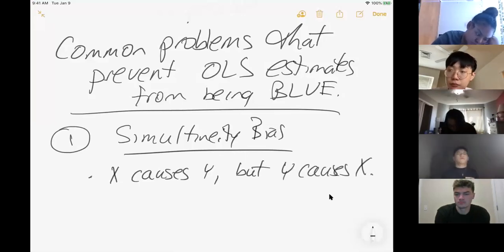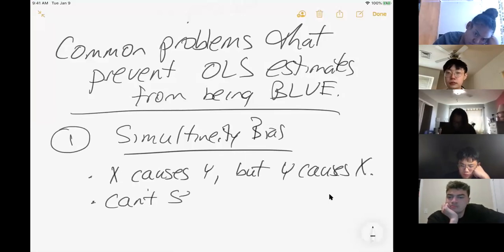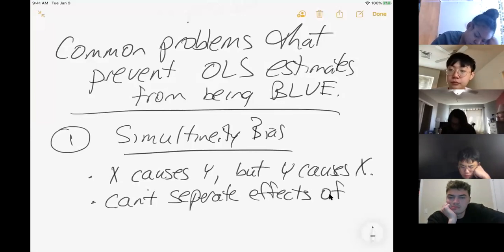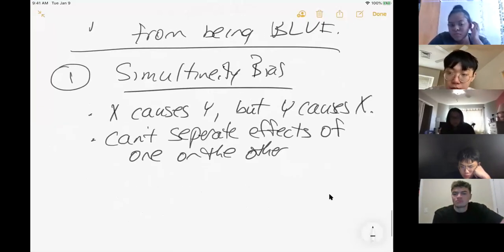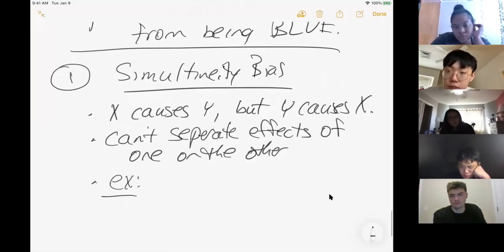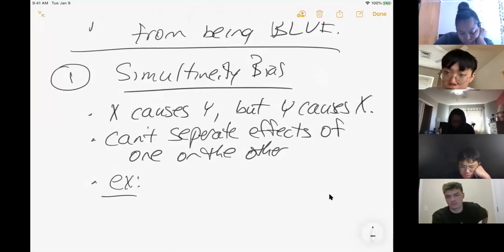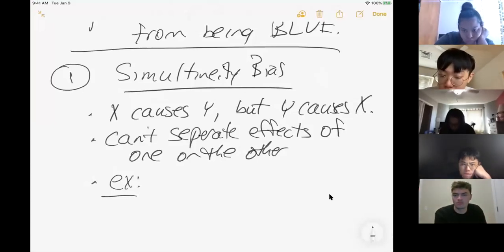Well, it's when X causes Y, but Y also causes X. The problem then is you can't separate the effects of one on the other. We talked about an example just yesterday, but there are many, many examples in the growth literature where you have questions about simultaneity bias.